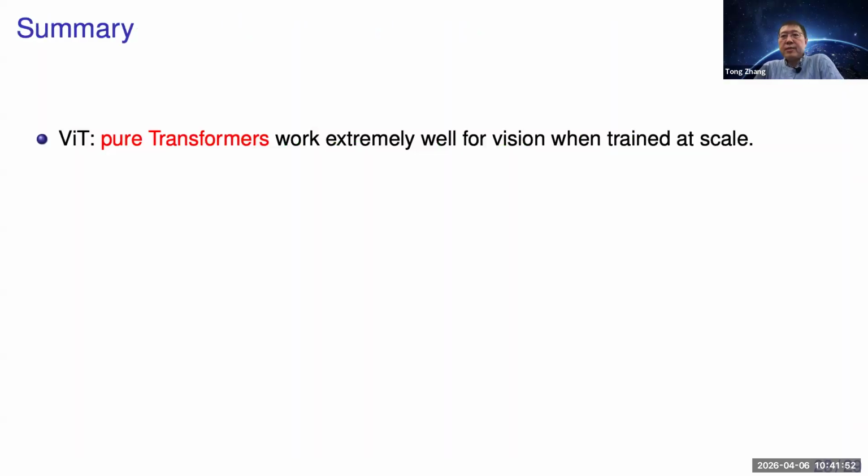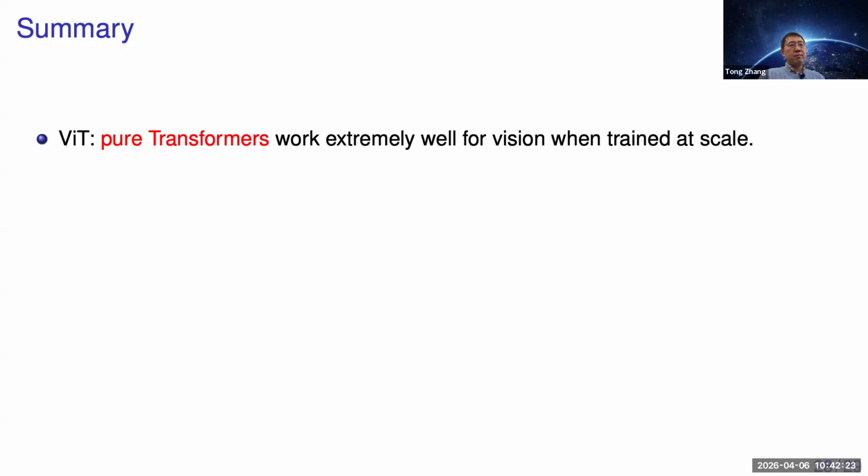So, summary. The few lessons learned here are simple, but useful. A pure transformer works well for vision when trained at scale. With the scaling law, it can overcome CNNs, being less restricted in terms of image priors but learning more, including global information, more directly.